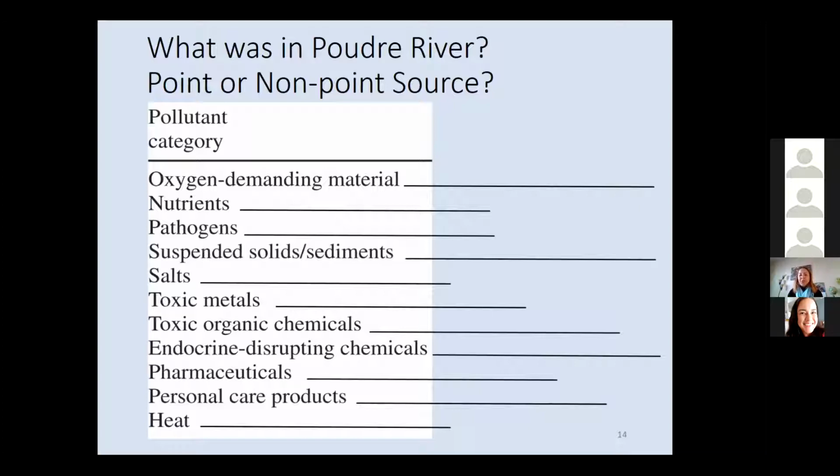So I'll give you about a minute. Perfect, I already started seeing the X's. And also, as you do it, think if the pollutants discharged into the river were coming from a point source or a non-point source. You can put more than one X if you think more than one pollutant was in the Poudre River.